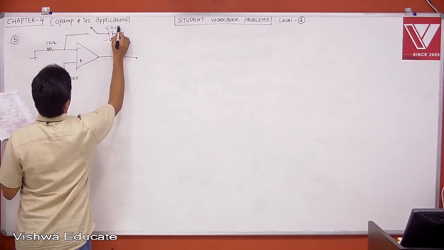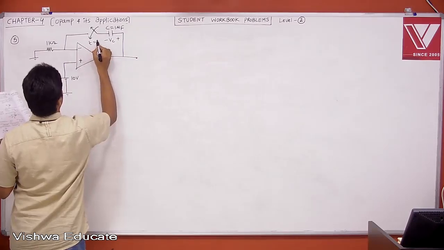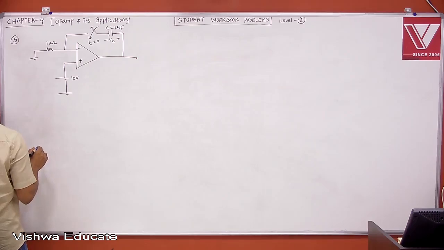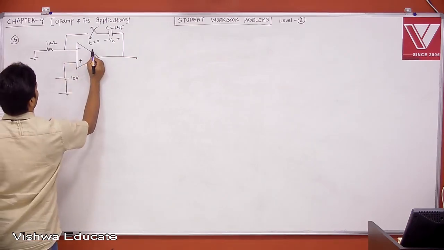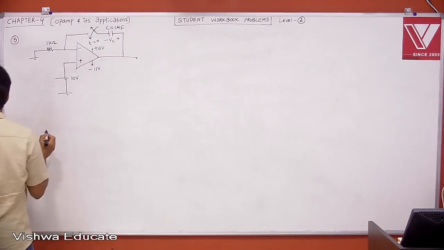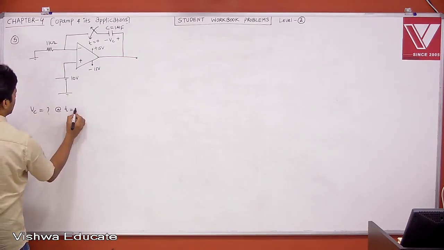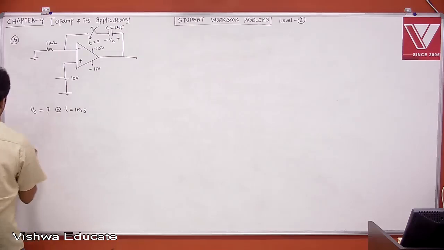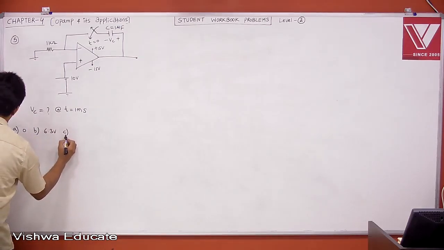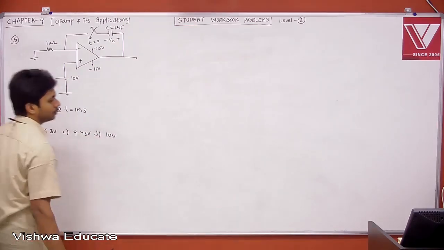C is equal to 1 microfarad and the switch is closed at t equal to 0. In the figure shown above, the op amp is supplied with plus or minus 15, so this has plus 15 and minus 15. We are asked for Vc at t equal to 1 millisecond. Option A 0, option B 6.3 volt, option C 9.45 volt, option D 10 volt.